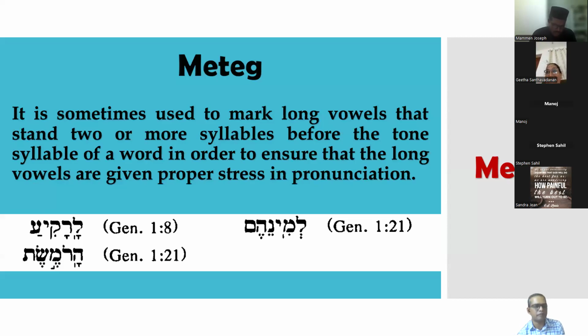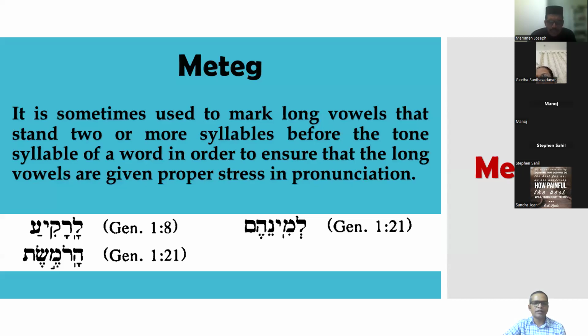So what is the purpose of patach furtive? A short, hurried A sound. Exactly. Why is it placed there? Because that consonant is guttural, and it is placed in between a guttural and a long vowel. Yes. But to be more clear, gutturals like ayin, he, het always prefer to have A class vowels before them.